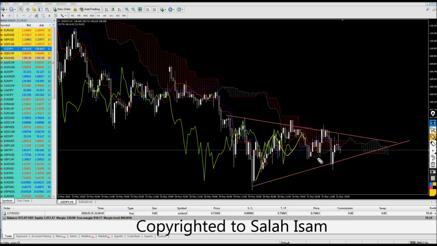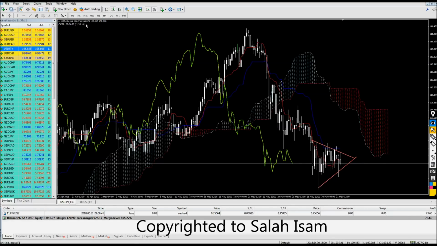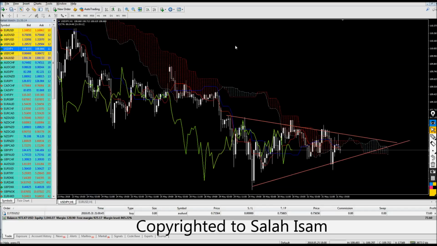Since on the 4-hour chart I am below a red cloud, I'm thinking that the market will have some more ranging here, then finally boom, it will go more down.